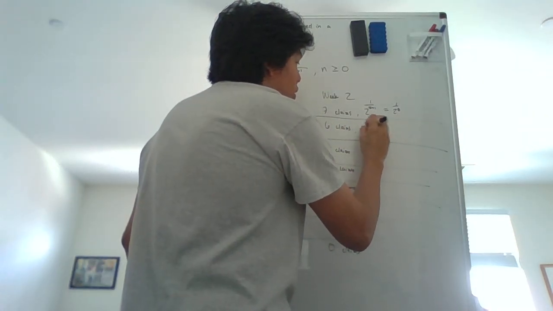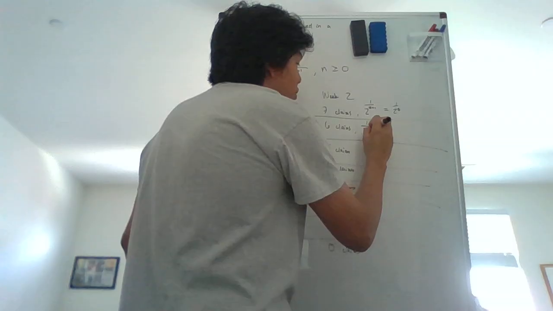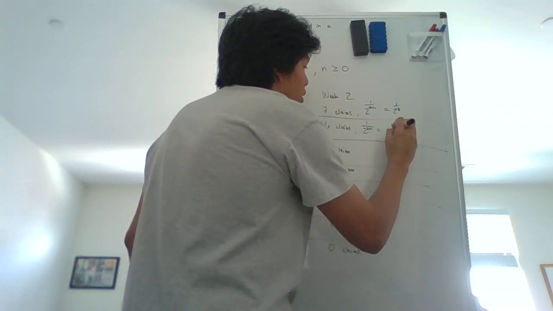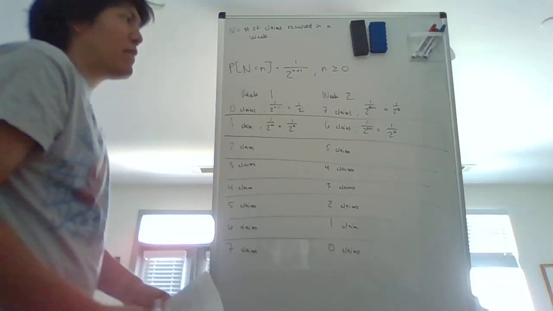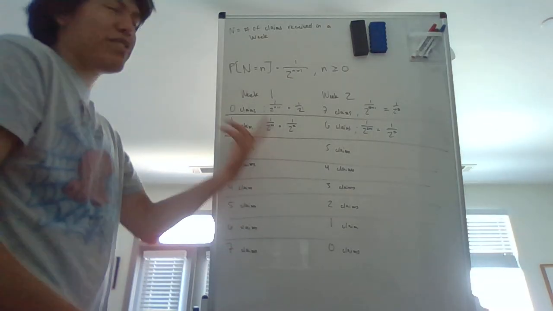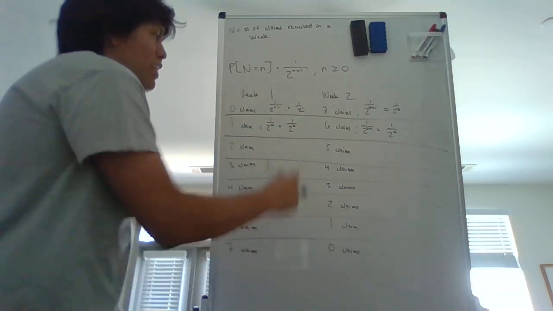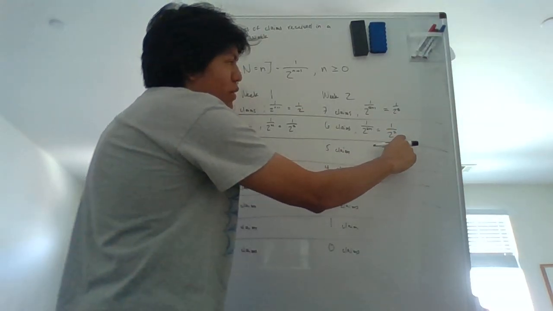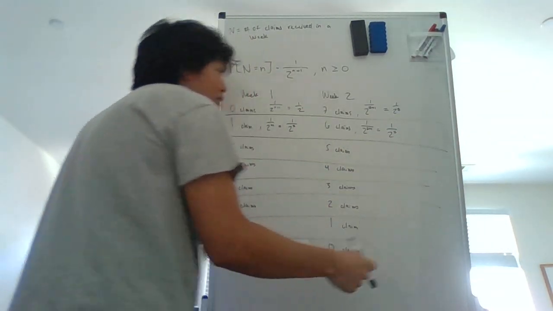That is 1 over 2 raised to the 6 plus 1, or 1 over 2 to the 7. And it's just going to follow this exact same pattern. The exponent on week 1 is going to go up by 1, and the exponent on week 2 is going to go down by 1 each time.